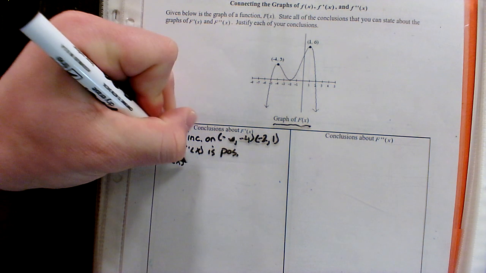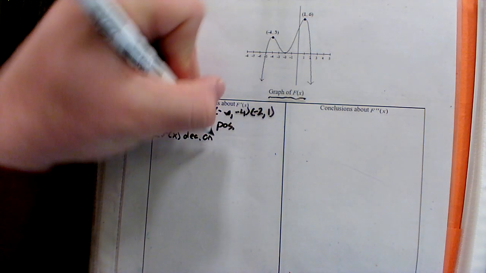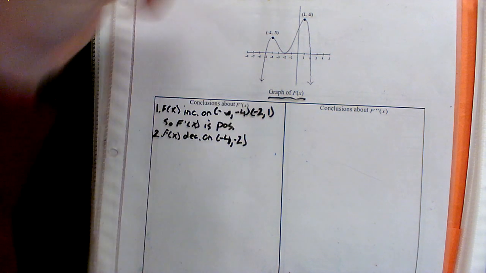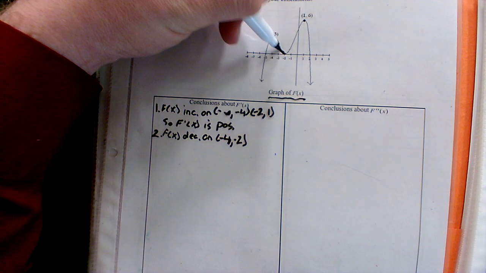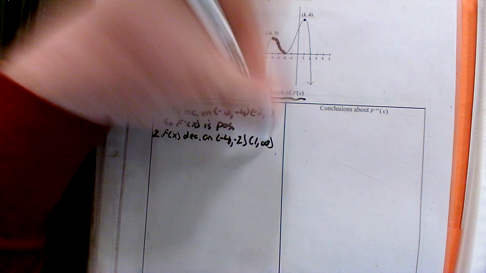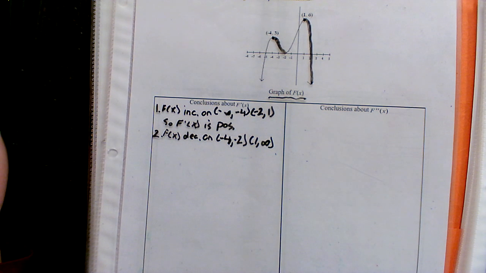F of x decreases on negative 4 to negative 2. So right here. Also from 1 to infinity. So it's decreasing there also.